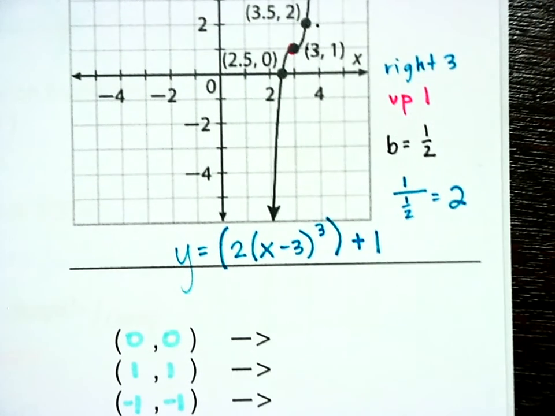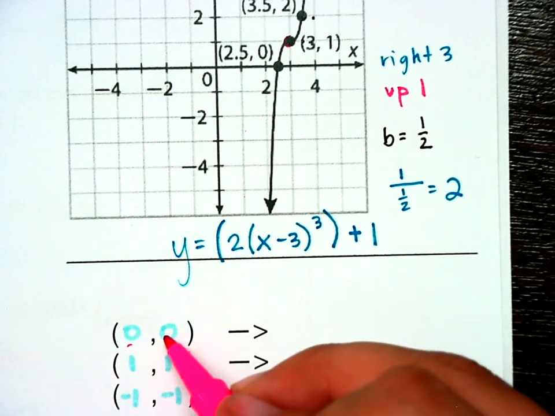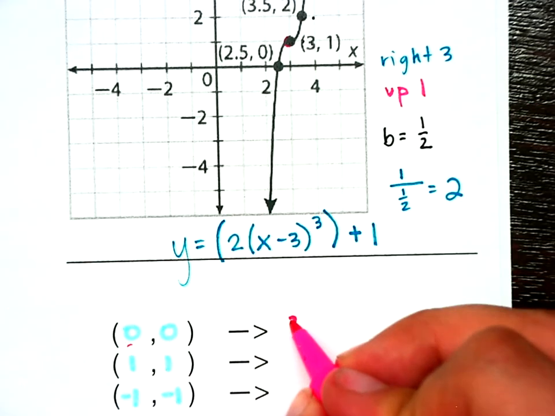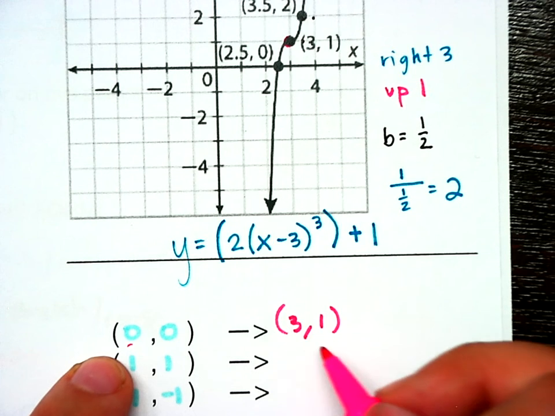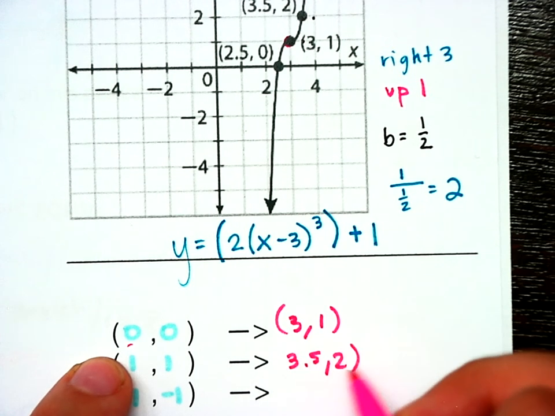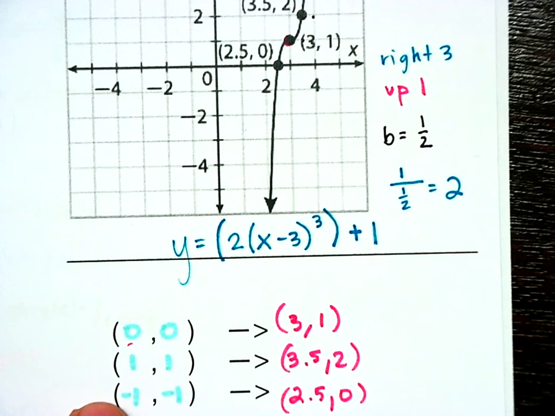So again, showing where my points moved to. That original 0, 0 is now at 3, 1. This point is now at 3.5, 2. And this point is now at 2.5, 0. So you'll see how those moved.